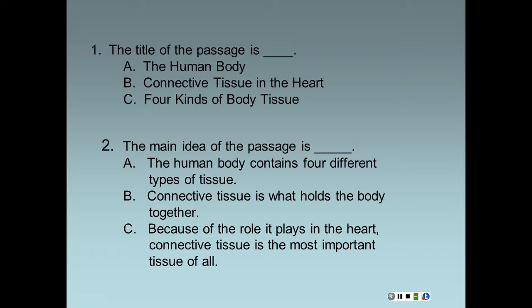Four kinds of body tissue is the topic. And the main idea is the human body contains 4 different types of tissue.